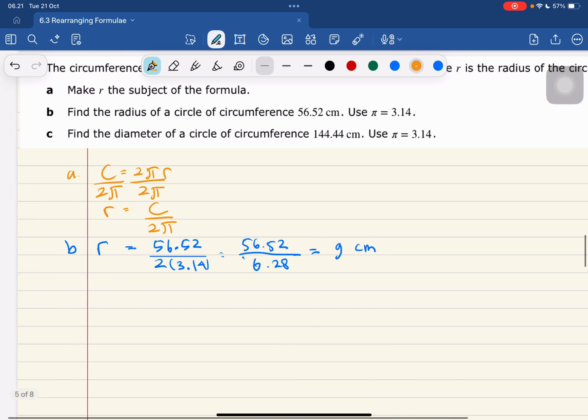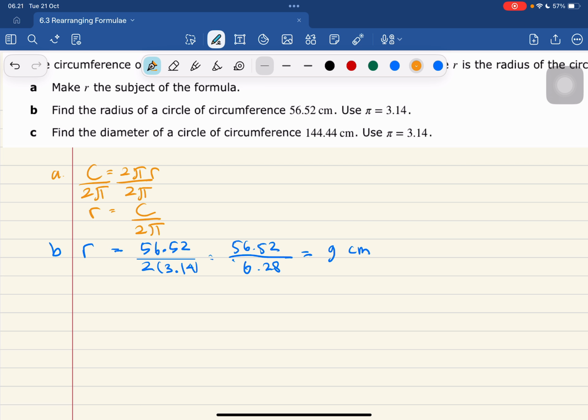Okay. Find the diameter. Remember, the diameter means double the radius, 2r. So first, let us find the r. r equal to circumference, which is 144.44, we divide by 2 times 3.14.